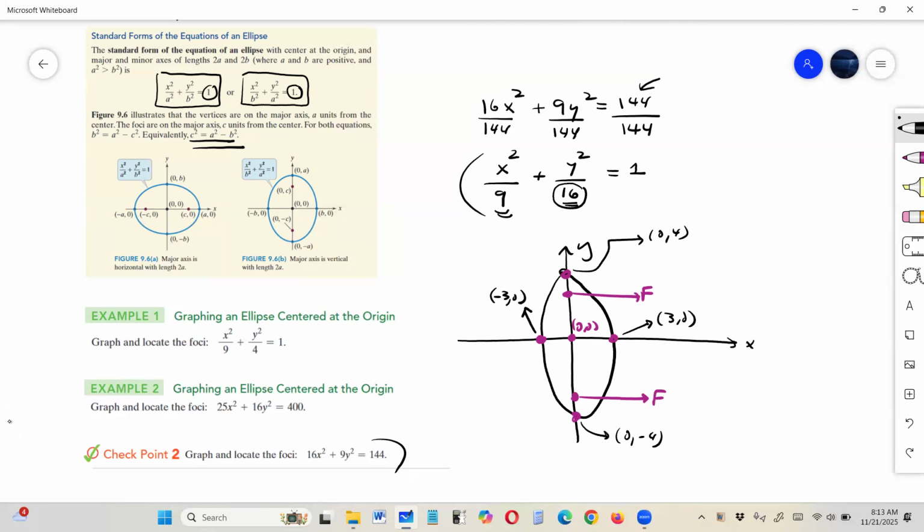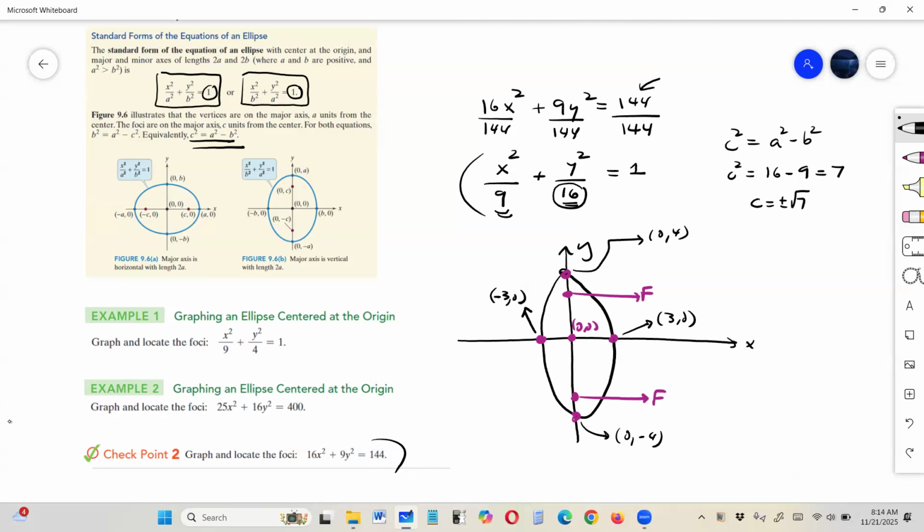And the foci again, to find the foci, I use c squared equals a squared minus b squared. So this is 16 minus 9, which is 7, right? So c is plus or minus radical 7.